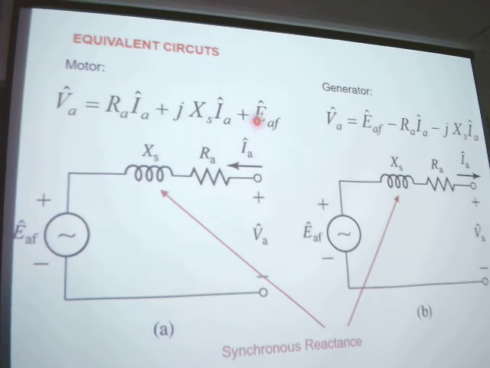For example, it is a generator, but if you use this equation to calculate, you will get minus current. Just the sign is different. For the two operating modes, just the direction of the power is different.